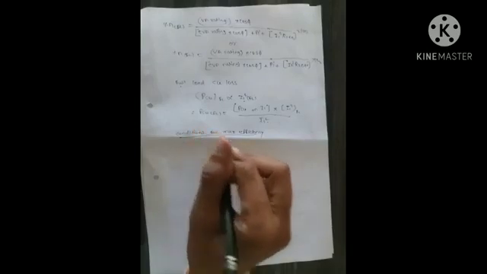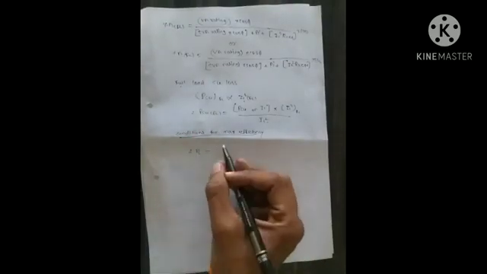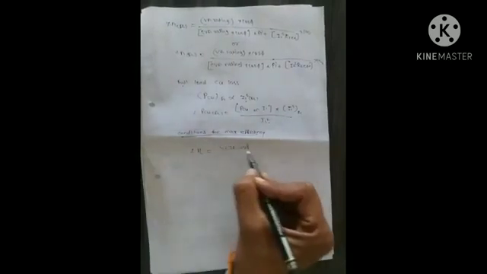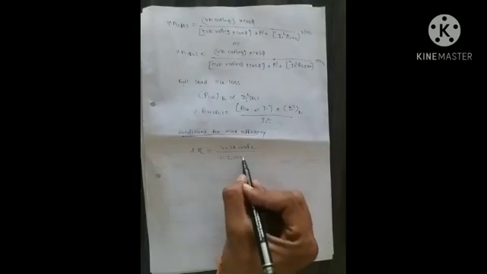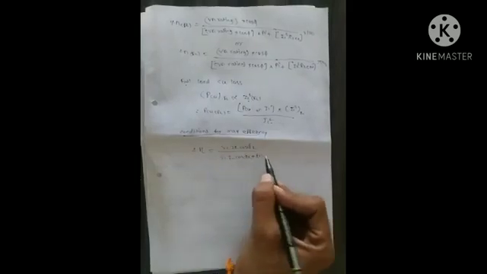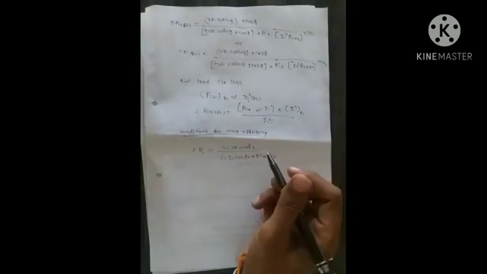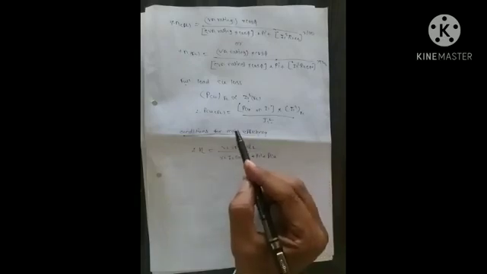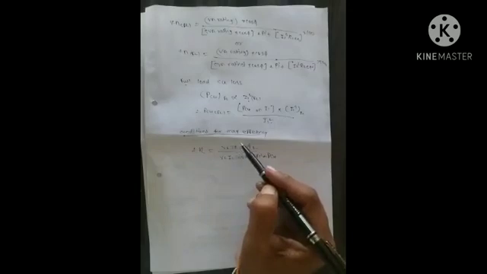We know the formula for the efficiency: percent eta equals V2 I2 cos phi 2 upon V2 I2 cos phi 2 plus Pi plus PCU. In the above expression, if the secondary terminal voltage and power factor are kept constant, then the efficiency depends only upon the load current.